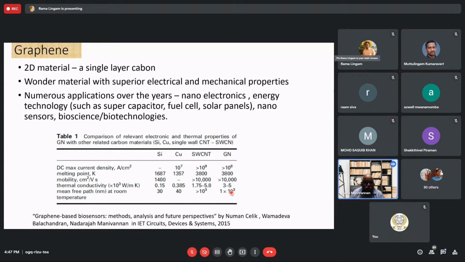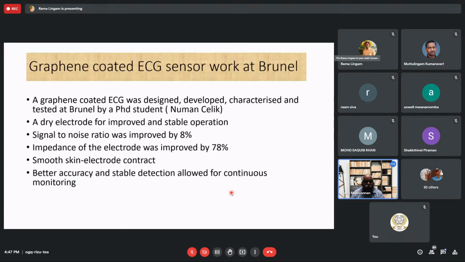So we also thought we should try graphene for the ECG electrode. Next one, please. As I mentioned, the student who worked on this project was Newman Seelig. He's working at Oxford University as a postdoctoral researcher. So it's a dry electrode, for improved and stable operation. A dry electrode is always preferred over the gel-based electrode. Signal to noise ratio was improved by graphene coating by 8%.